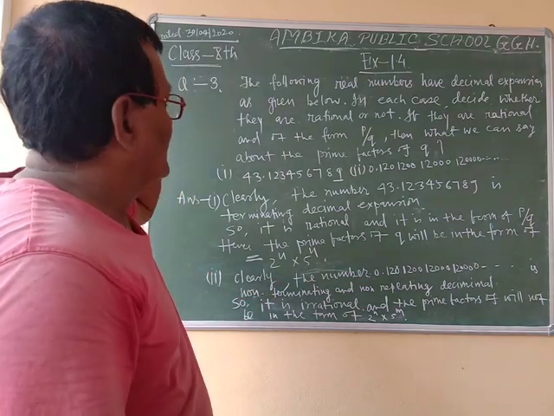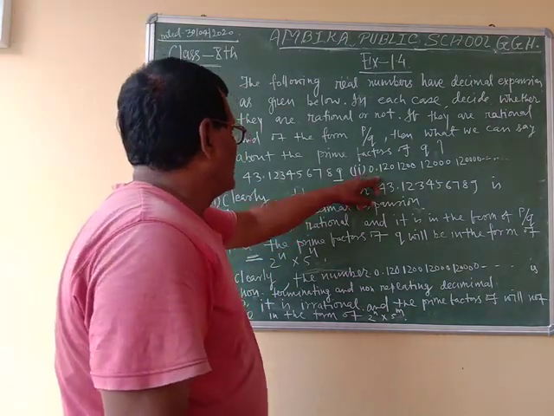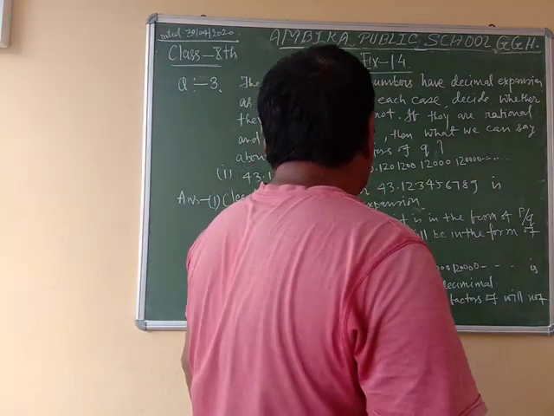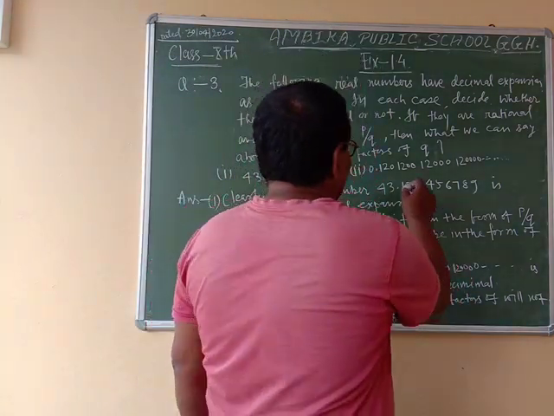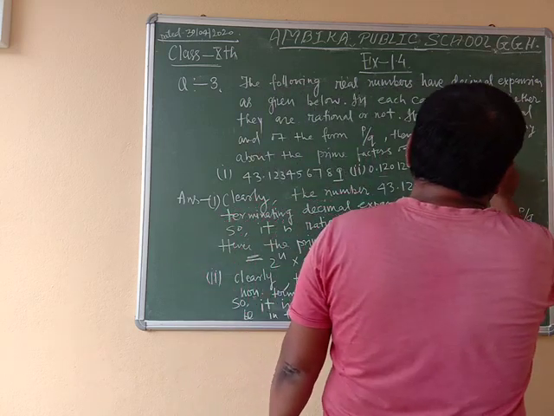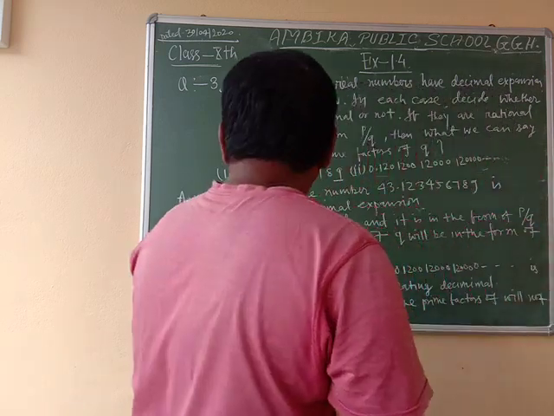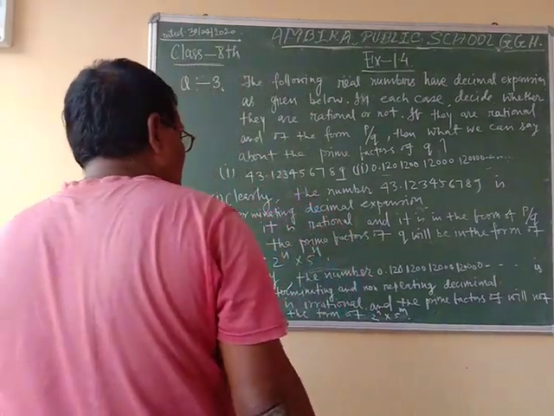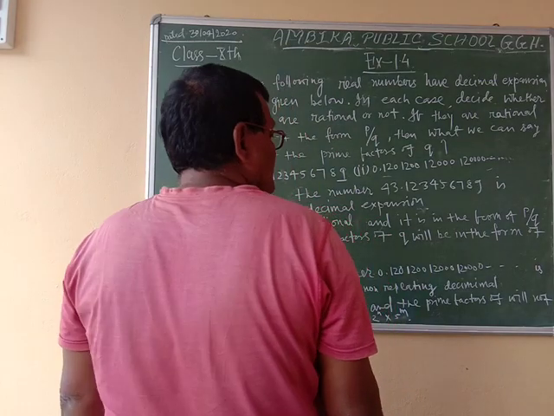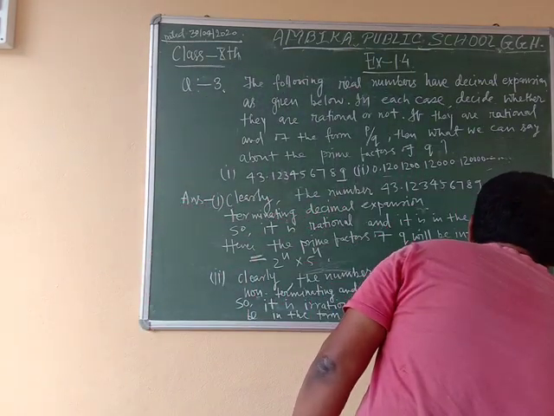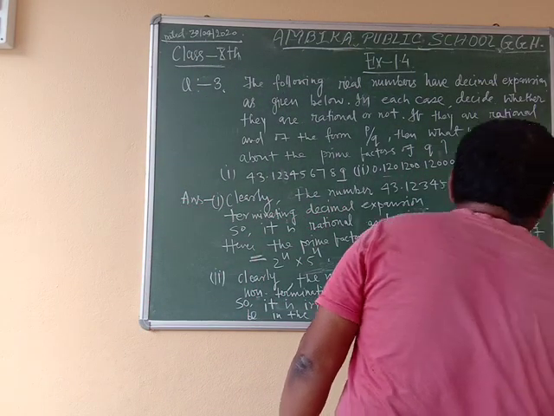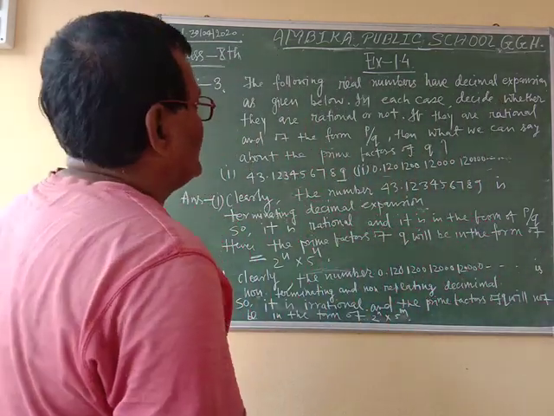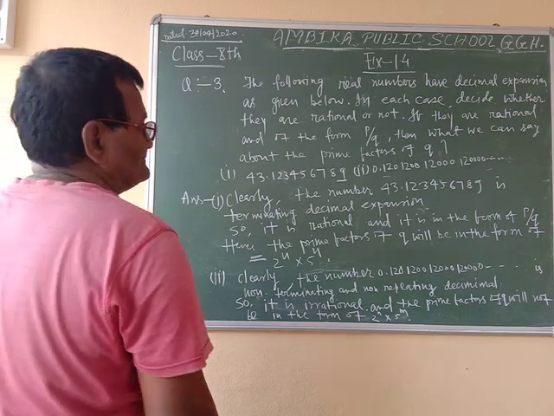Here, the second number, the given real number, is a non-terminating and non-repeating decimal expansion. So it is an irrational number. The prime factor of Q will not be in the form of 2 to the power n into 5 to the power m.